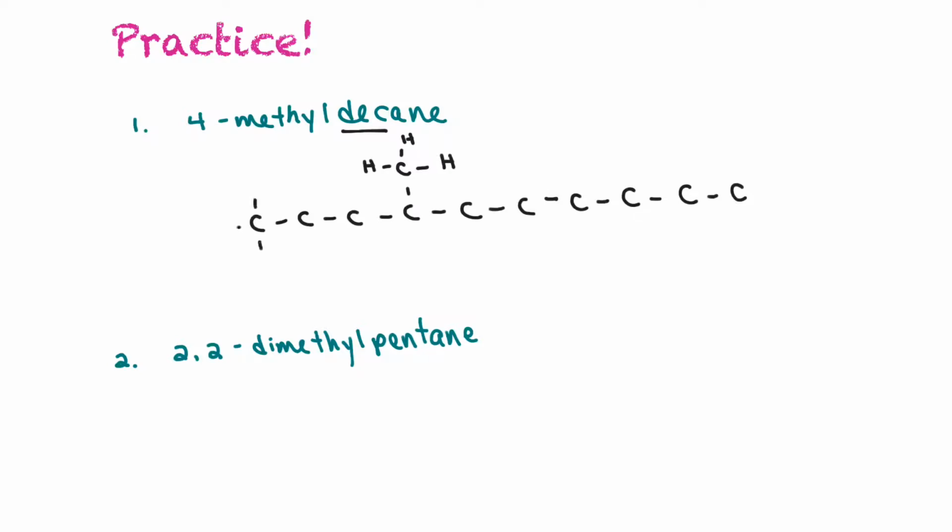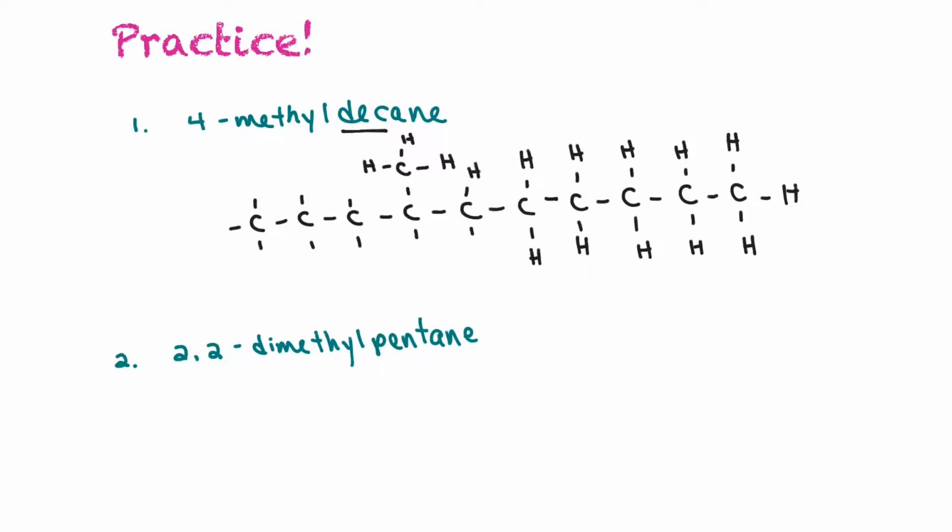And then we'll fill in the empty spaces. You'll see here on carbon number 4, because there's a group coming off the top, it's not going to be CH2, it's going to be CH. So now we'll put in these hydrogens. There's some more. We're getting close to the end.